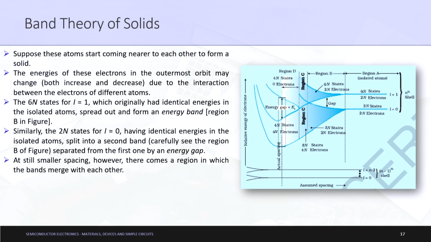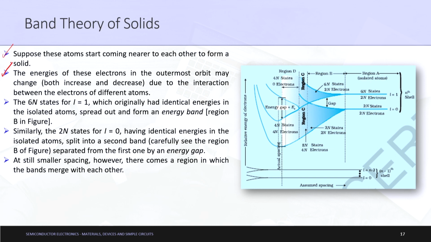Okay. Now, suppose these atoms start coming nearer to each other to form a solid. These lines depict the atoms only, and they are trying to come close to each other. The energies of the electrons in the outermost orbit may change, both increase and decrease, due to the interaction between the electrons of different atoms.